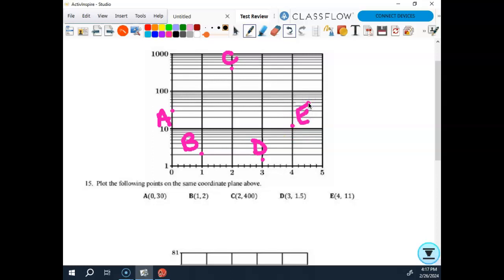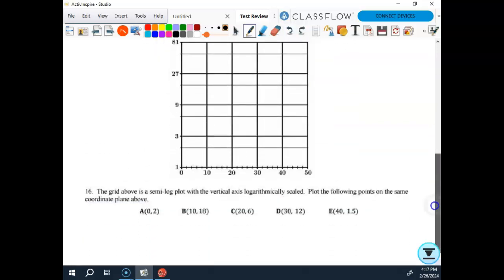There you go. Okay. It says the grid above is a semi-log plot with the vertical axis logarithmically scaled. Plot the following points on the same coordinate plane above. Okay, so let's talk about this scaling real quick.